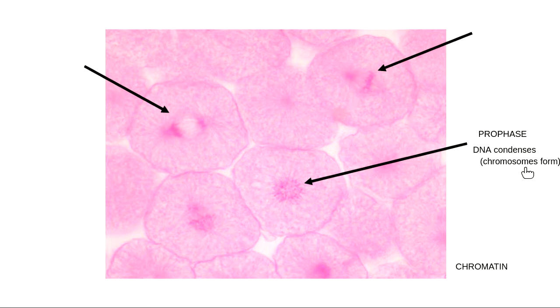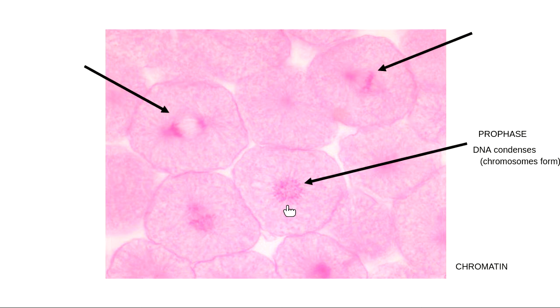What happens toward the very end of prophase? Does anyone know what I'm thinking of here? It actually has happened on this particular cell. There's something else, not the mitotic spindle, that I'm looking for here. There's something that disappears or dissolves.